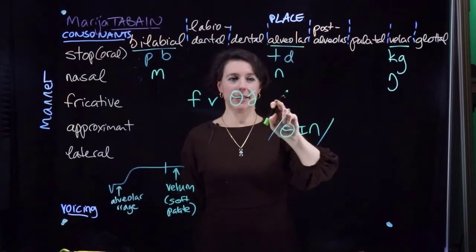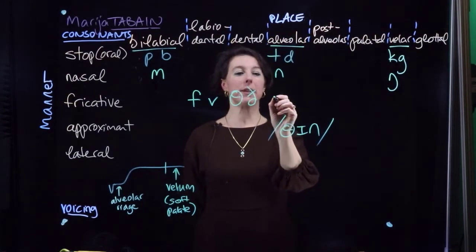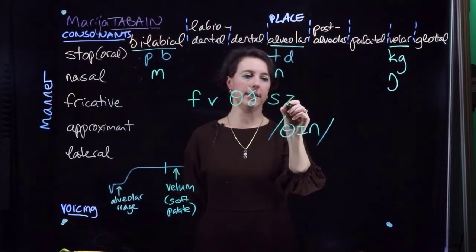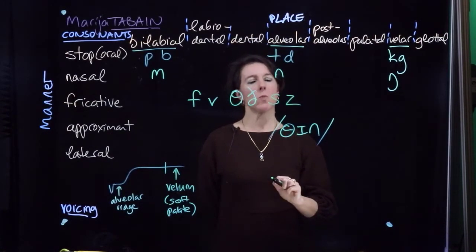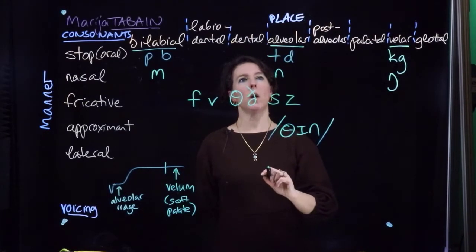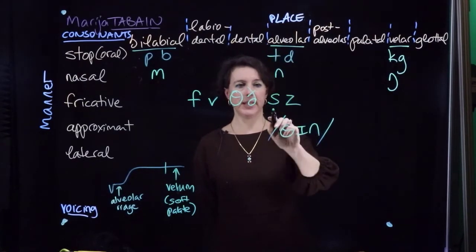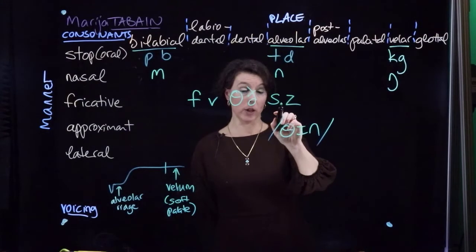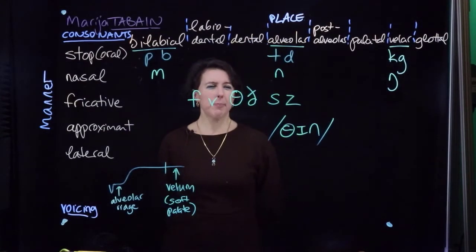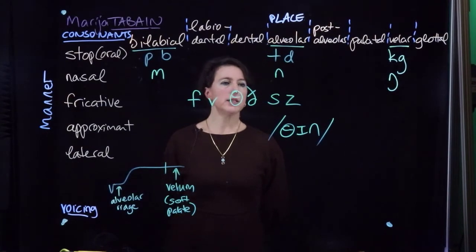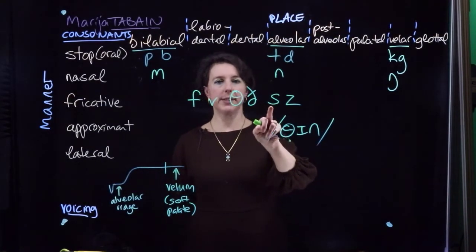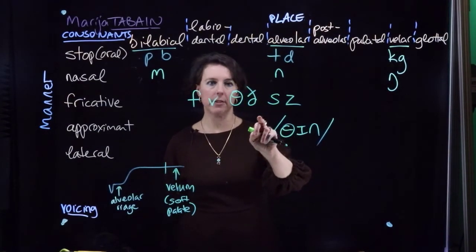The next place of articulation we have is s and z. So this is considered an alveolar sound. Now, it might be a little bit tricky for you to believe that this is alveolar. So let's just work with s for now. I'll talk about z in a tick.